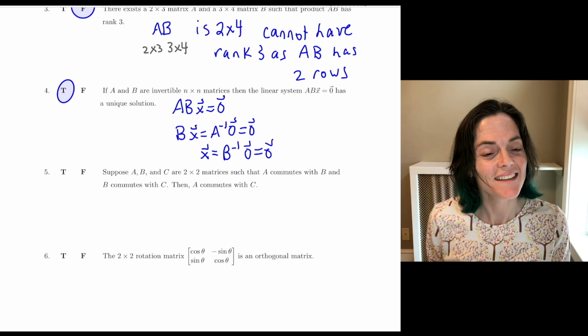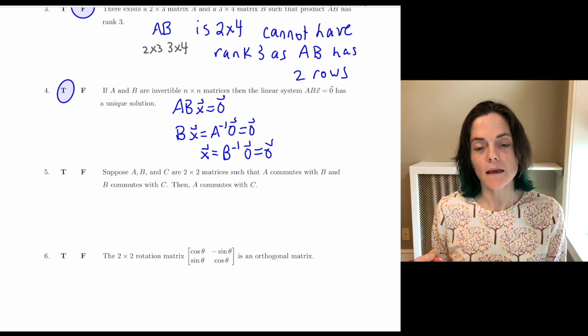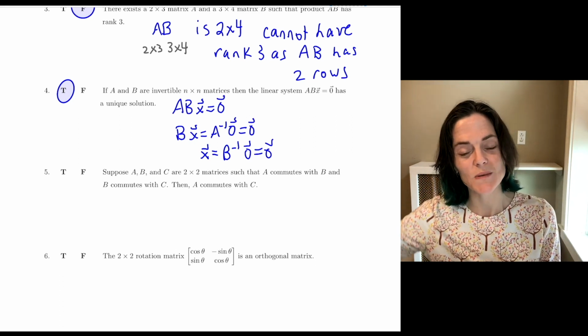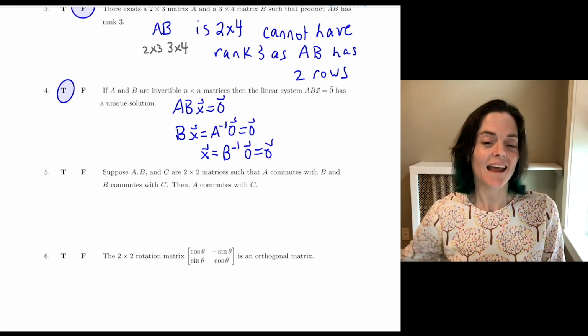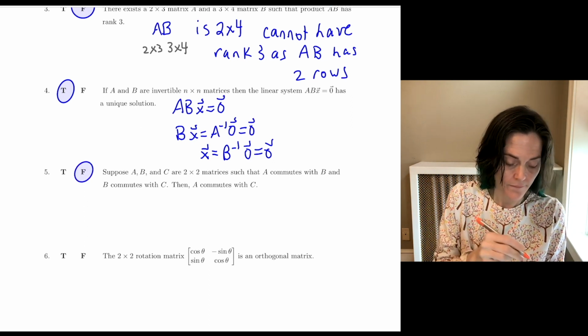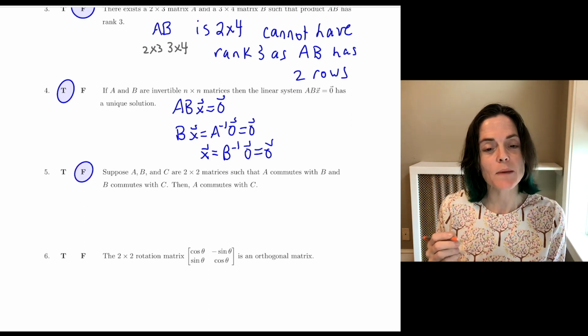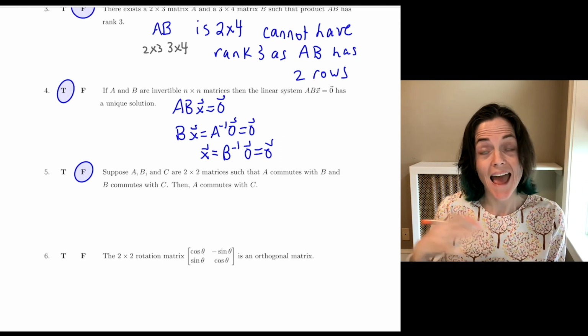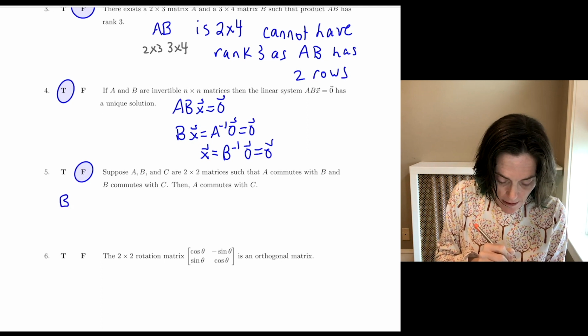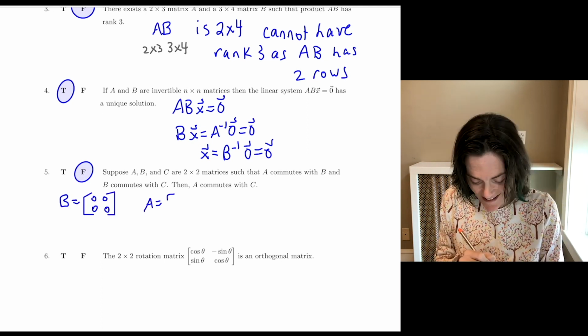Number 5, suppose A, B, C are 2 by 2 matrices. A commutes with B, B commutes with C. Then A commutes with C. Well, this is a false statement. Let's take B to be a matrix that commutes with everything. For example, let's let B be the 0 matrix.